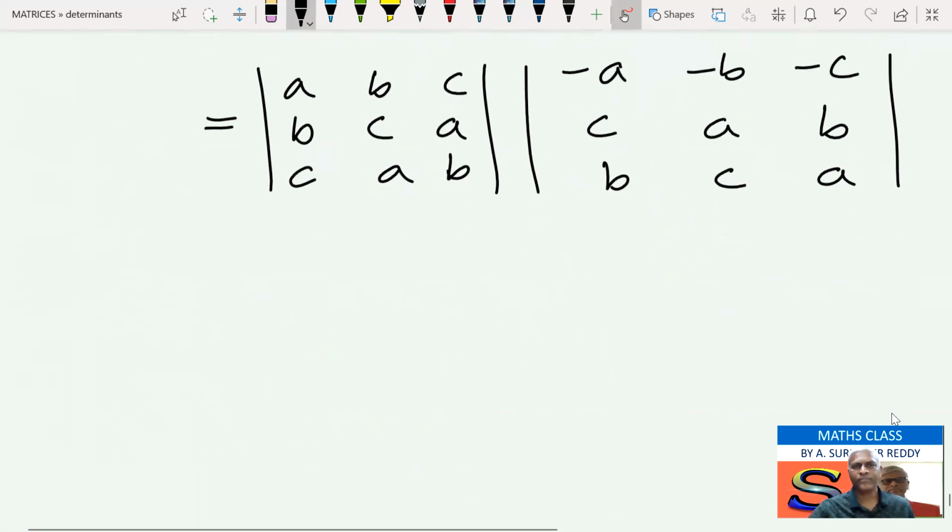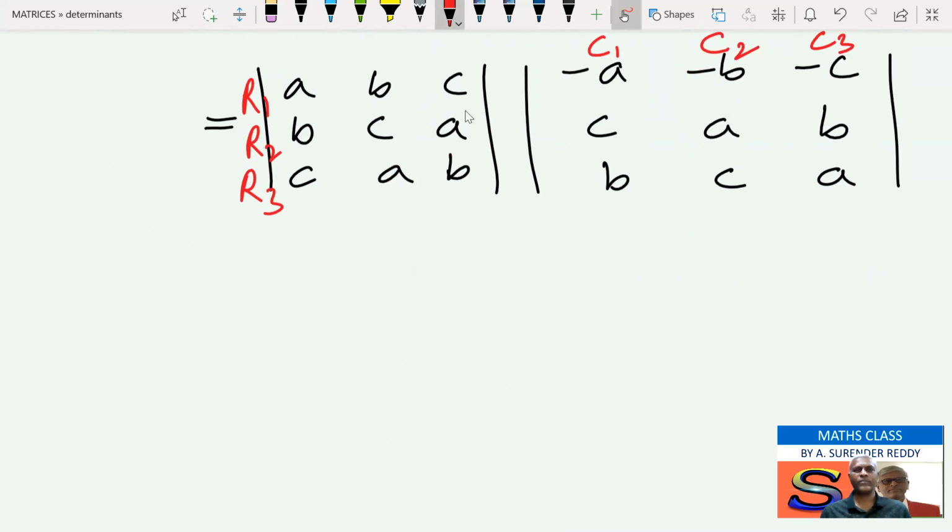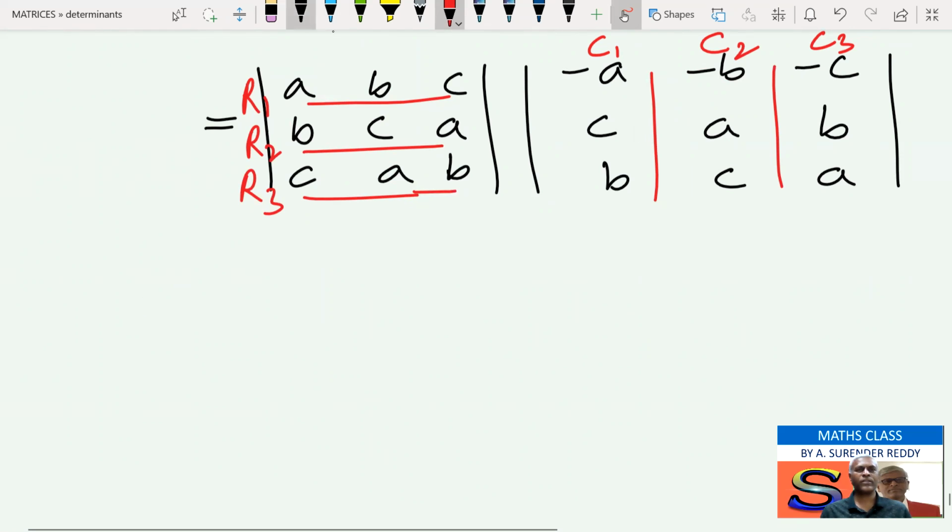So now let us multiply. Multiplication of matrices, we know, is rows into columns. So rows R1, R2, R3, columns C1, C2, C3. The first matrix rows we multiply with columns of the second matrix. This is the procedure of multiplication.